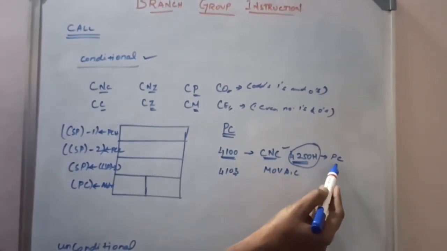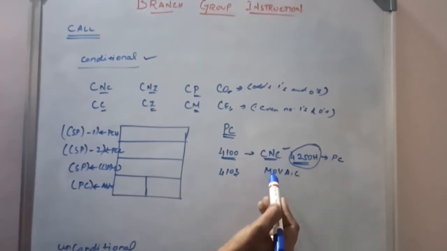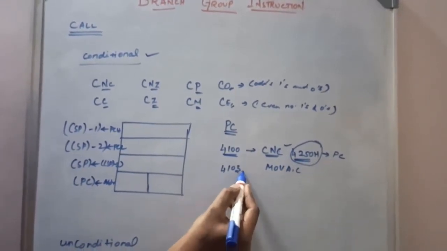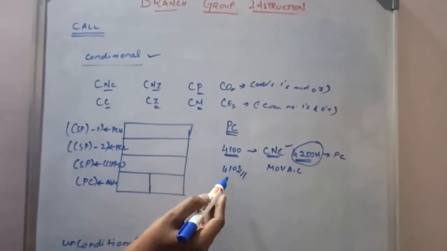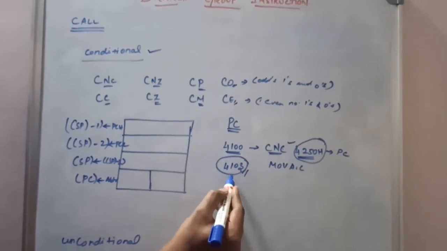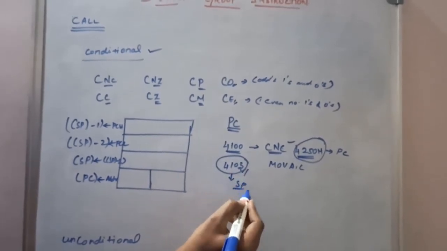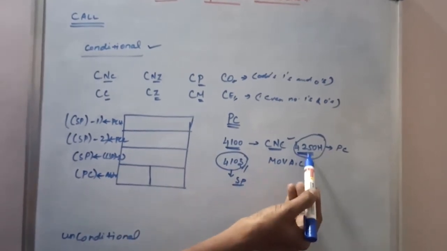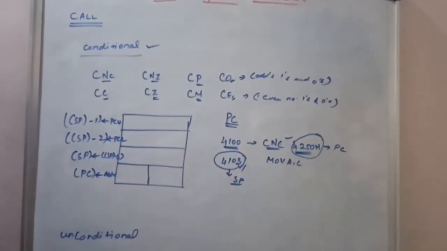After finishing the call function, it comes back to the main program. Before going to the new location, the next executing location 4103 is stored to the stack. After that, the new location 4250 is moved to the program counter.